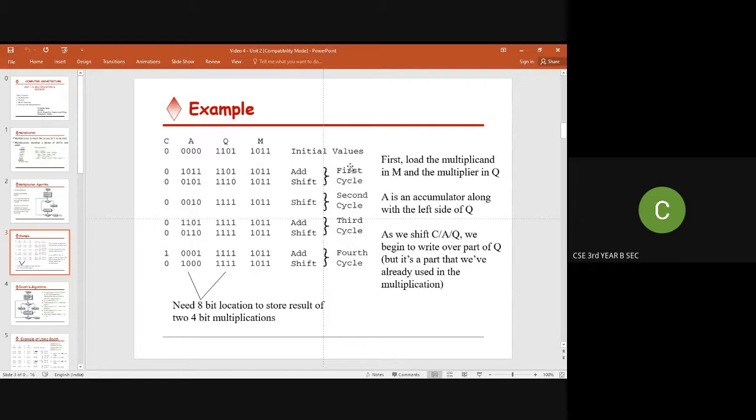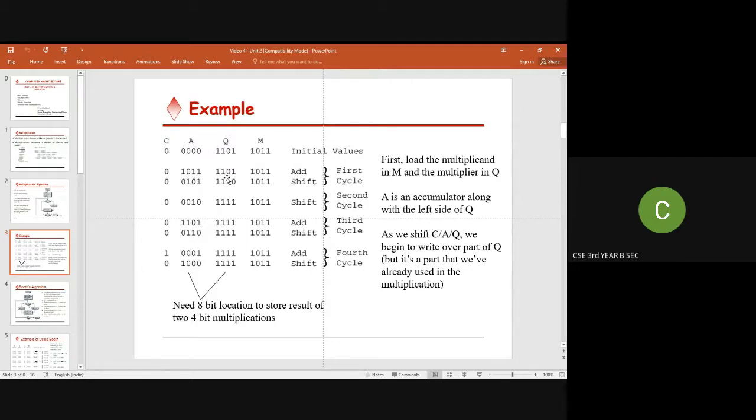First we have to check the Q naught value. Q naught is equal to 1. Yes, Q naught is equal to 1. 1 means we have to add A plus M, and then we have to shift. In the shifting operation, we do the right shift. A plus M means 1011.